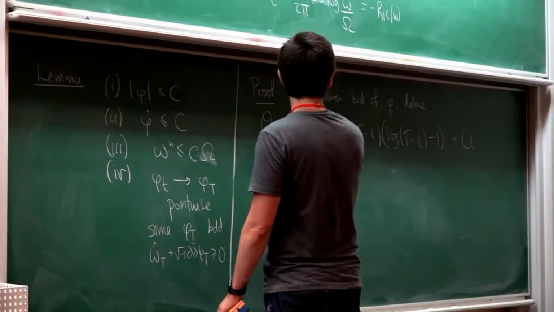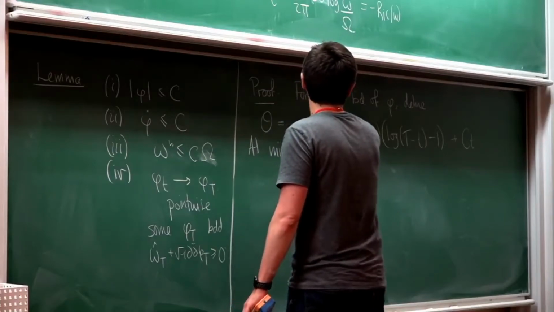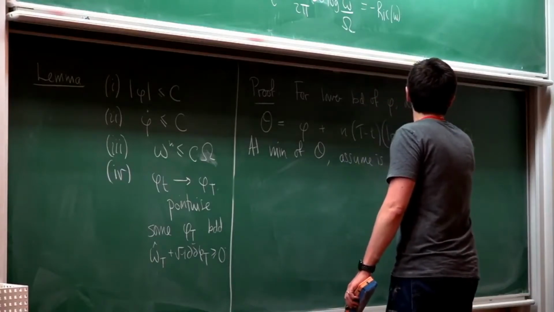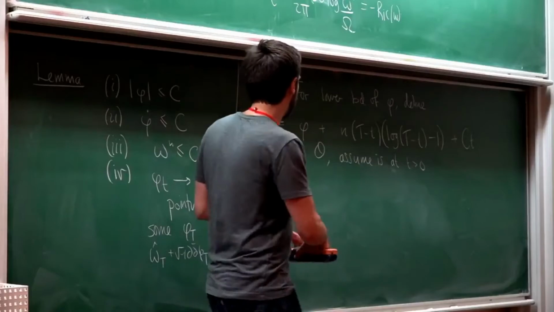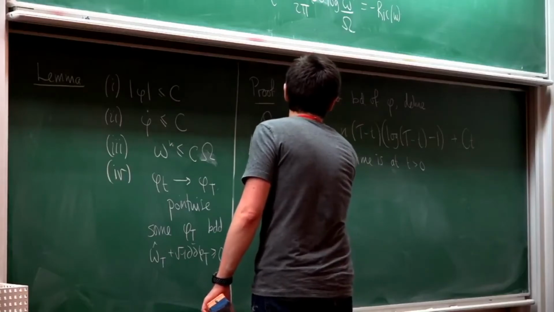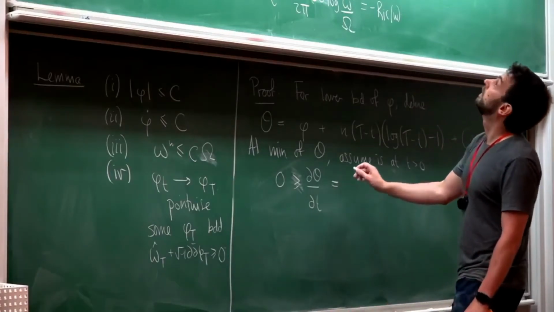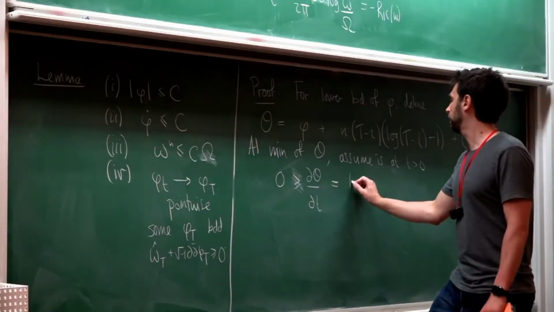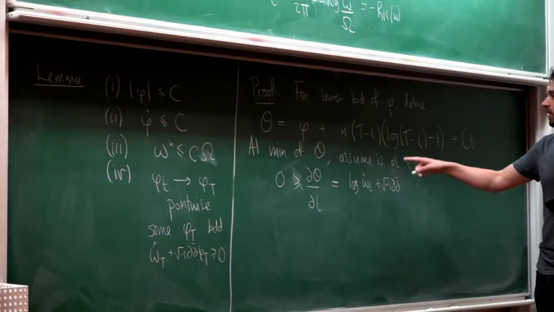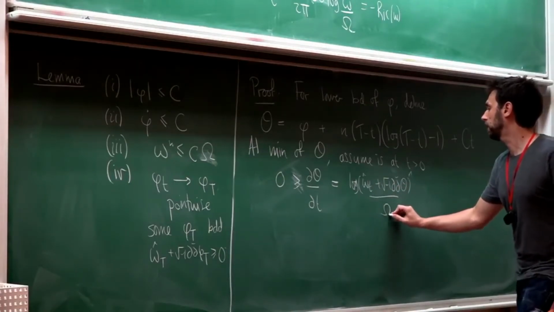So now look at the minimum of theta. So at the minimum of theta, which we assume is at some t positive, what you get is that d theta dt is less than 0. But this d theta dt is phi dot, which is log of omega hat t plus dd bar, instead of phi I can write theta because this is just constant in space, over capital omega.